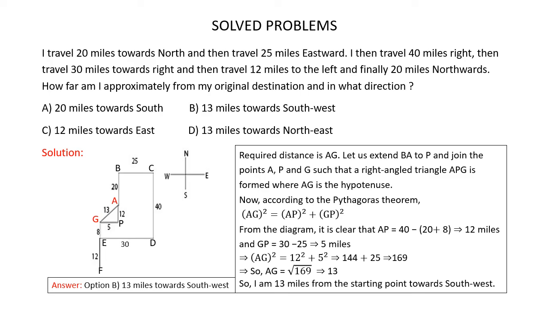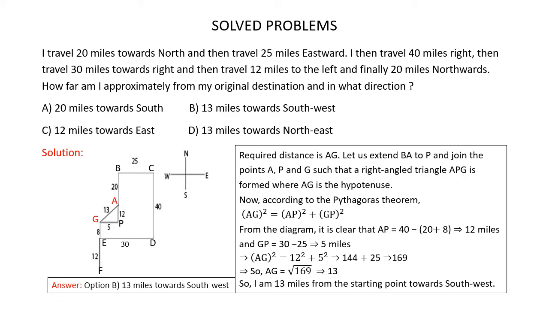So GE is equal to 20 minus 12, which is 8 miles. Now we know that BA is 20 miles. So since this whole distance is 40 miles, this is 20 miles and this is 8 miles. AP is equal to 40 minus 28, which is 12 miles.